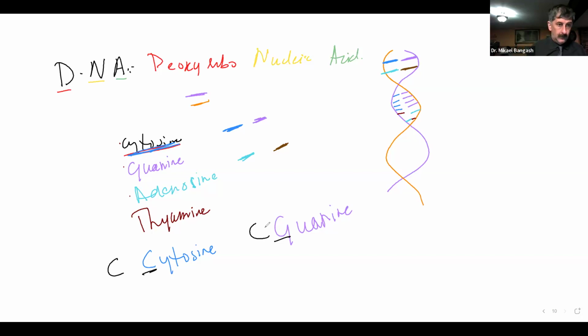Clear? Whereas on the other hand, the opposite: adenosine and thymine. These first letters are not curved, but rather straight lines.